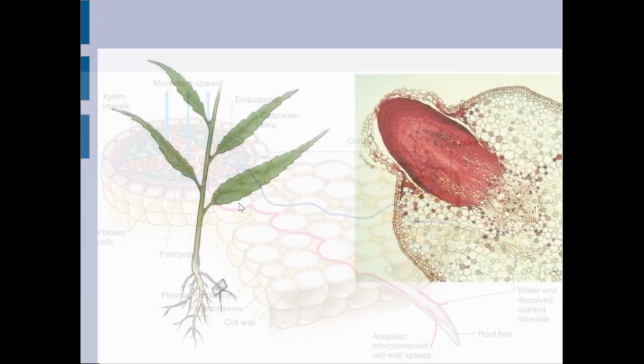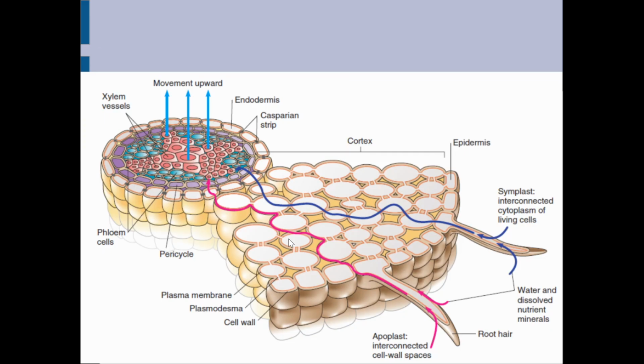In the symplast the connections are called plasmodesmata.